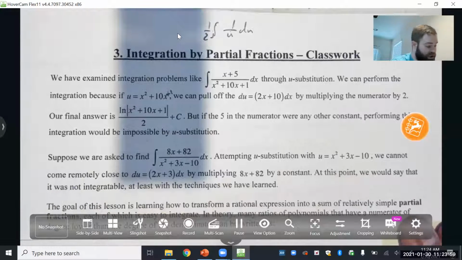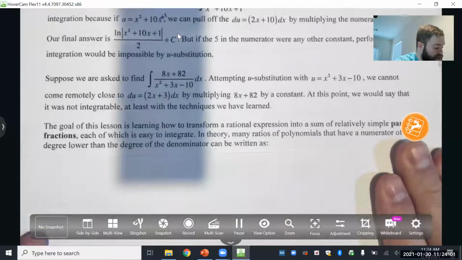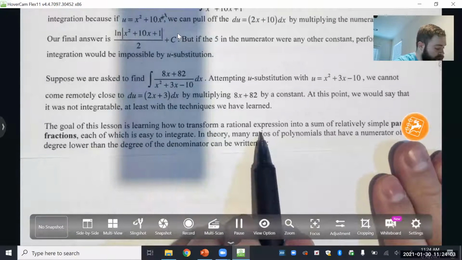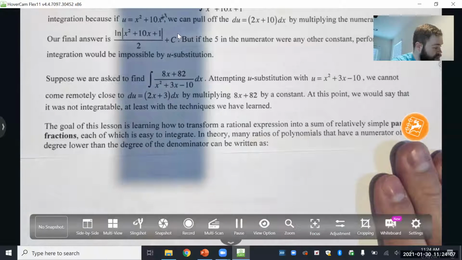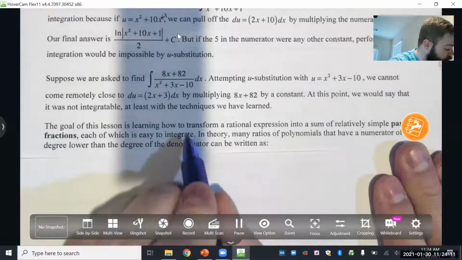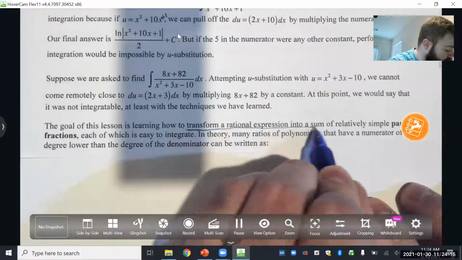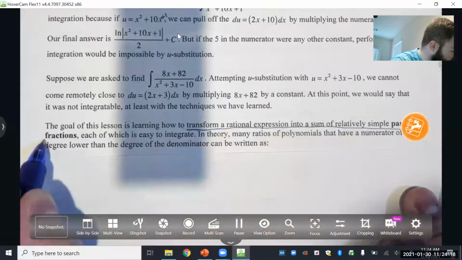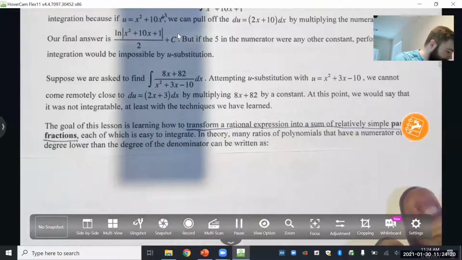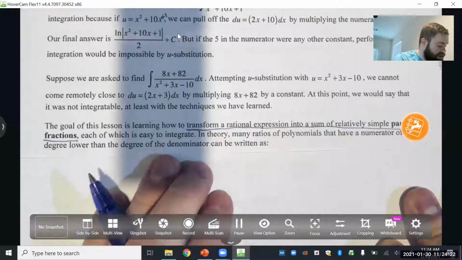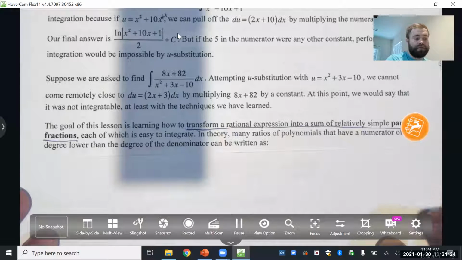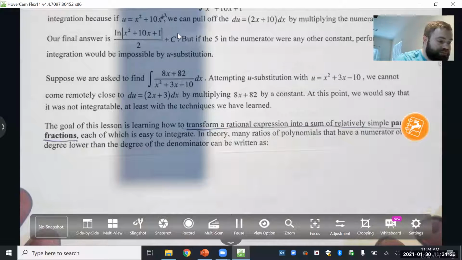So at that point, it might seem like it's not integrable, or at least not by stuff that we've learned so far. So the goal of this lesson is that we are going to transform a rational expression into a sum of relatively simple partial fractions, which those new ones are easily integrable.